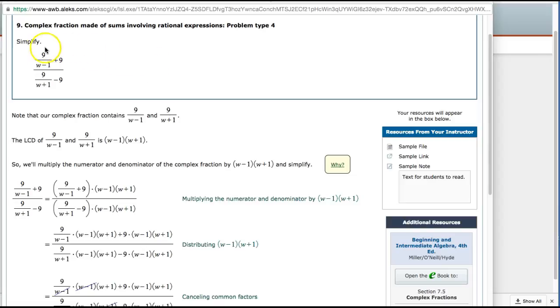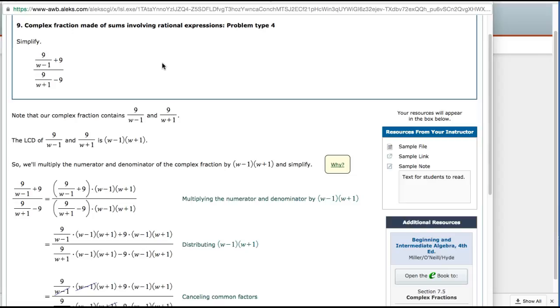So an efficient technique that we're going to use is not to get a common denominator, but to actually multiply this entire fraction by 1 in the form of the LCD over the LCD of these four fractions. And really what that means is you multiply each term by the LCD over 1, and things will cancel and clean up.